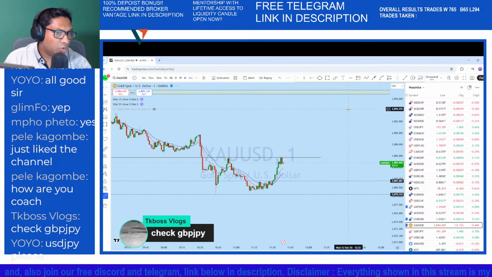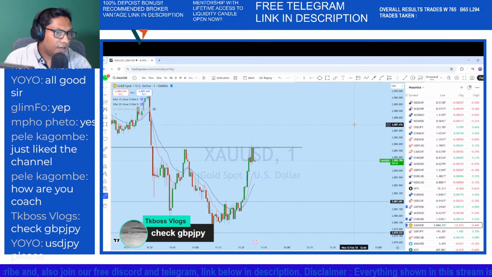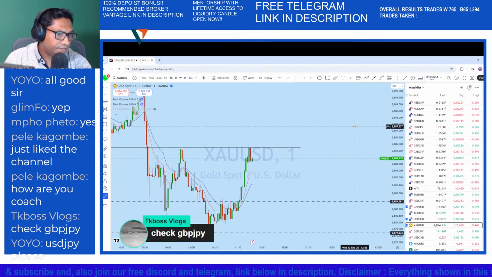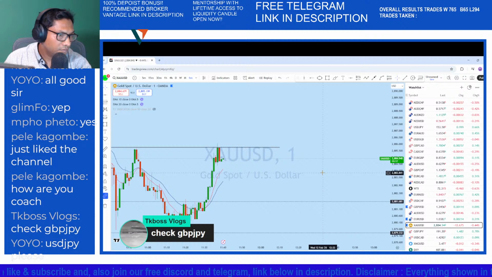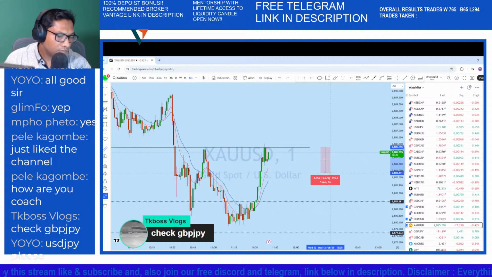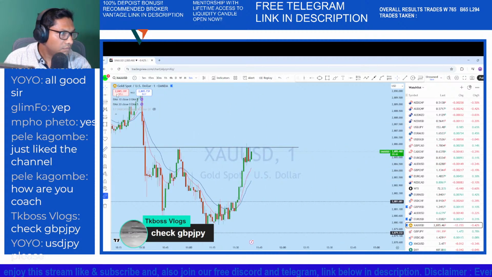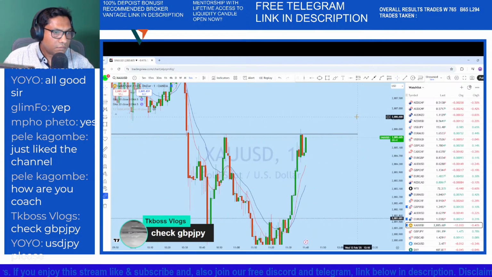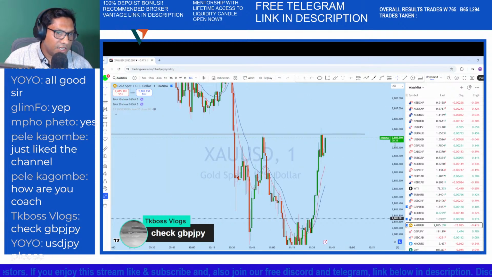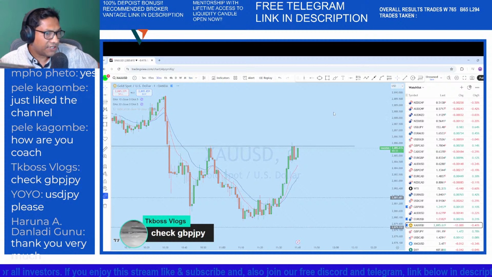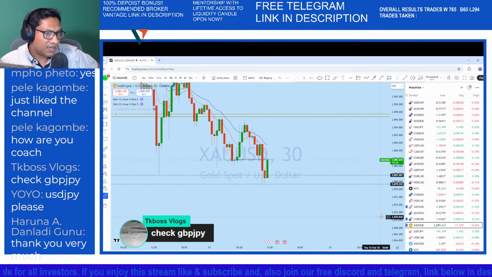I will focus more on this one to see if we can find, from this level, a potential breakout, and then expect it to give us a potential entry.